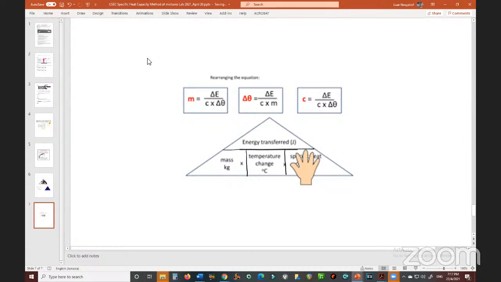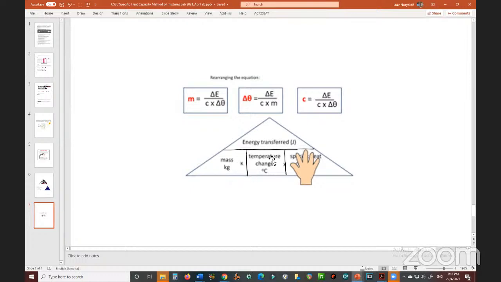Notice the hand in this triangle: this hand is covering specific heat capacity, which means the rest of the triangle is telling you what to do. It's saying that once you know the energy, measured in joules, you divide it by the product of the mass and the temperature change.